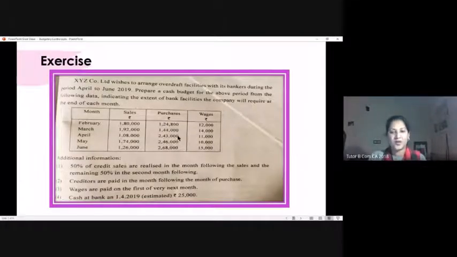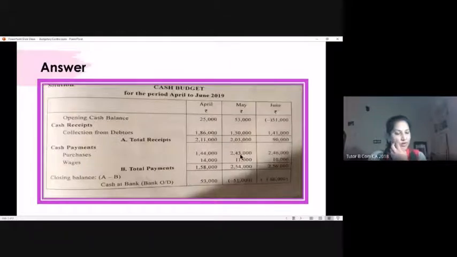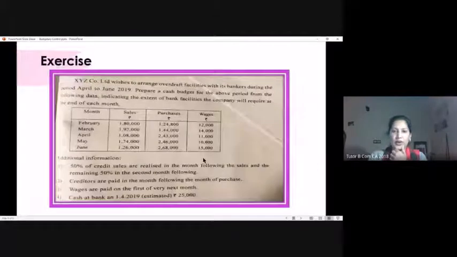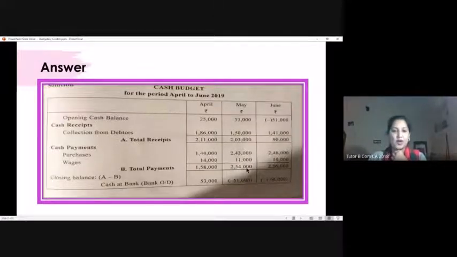Yeah, 2,43,000. Wages, yes, it is from the previous month. So April, it is 11,000. So we are putting 11,000. The total becomes 2,54,000. Now we know that we have an overdrawn amount. Our payments are more than our receipts. So we are transferring a negative opening balance to here.